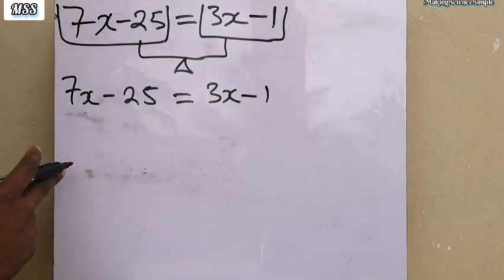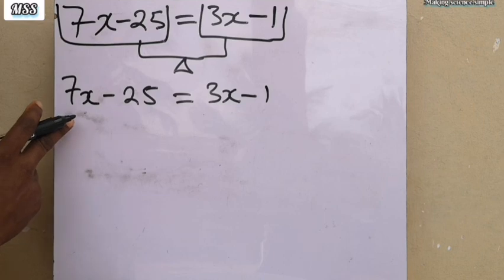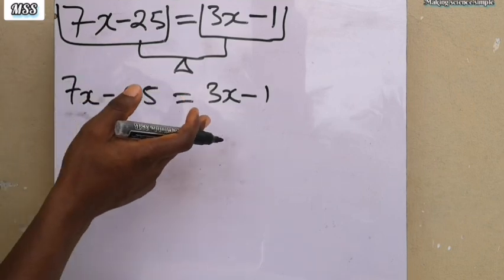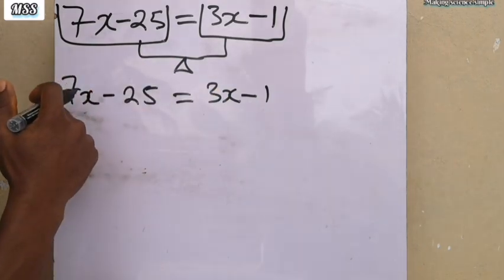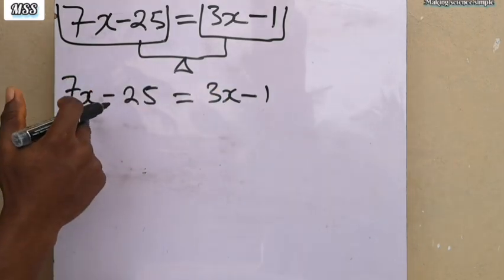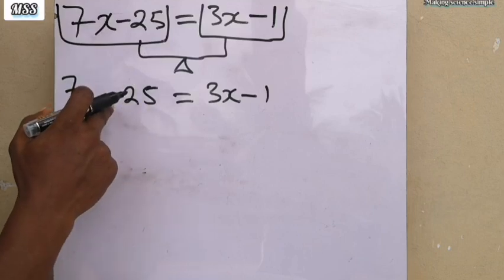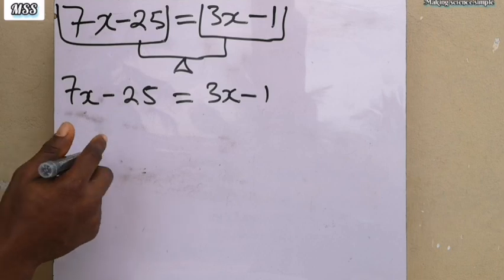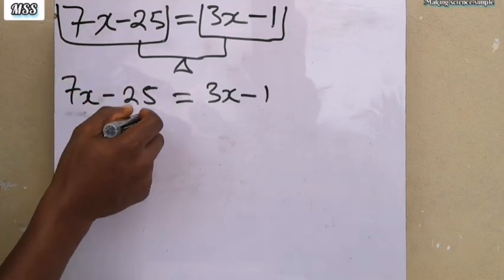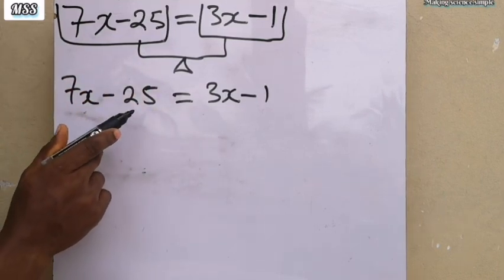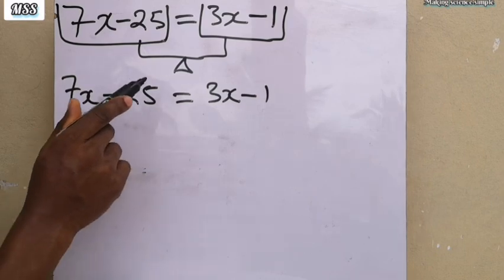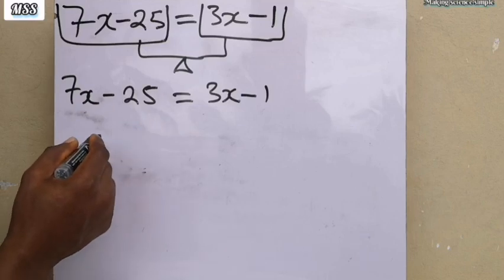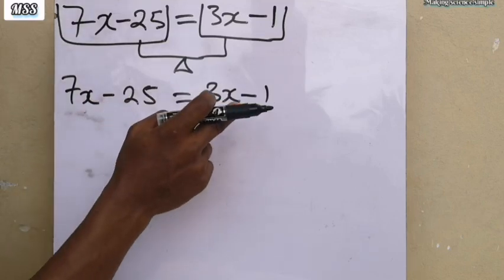Now, since we have the highest value of x this side of the equation, it means that our variable will be moving in this direction, while our constant will be moving to this side of the equation. So that means that we will look for a way to remove minus 25. And since this is minus 25, it means we will remove it by adding 25 to both sides. So if we add 25 here, we will equally add 25 here.